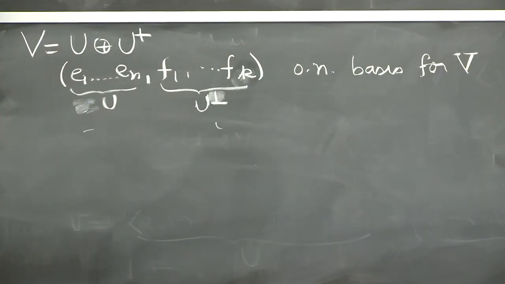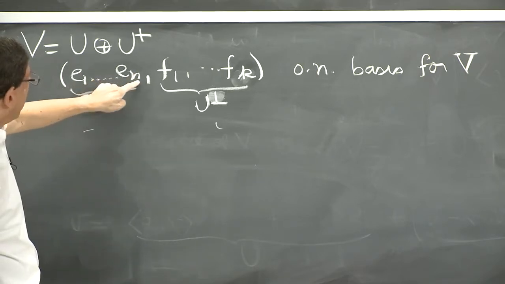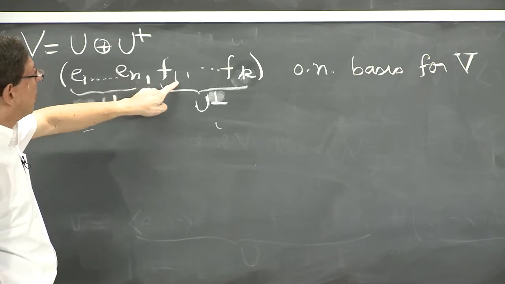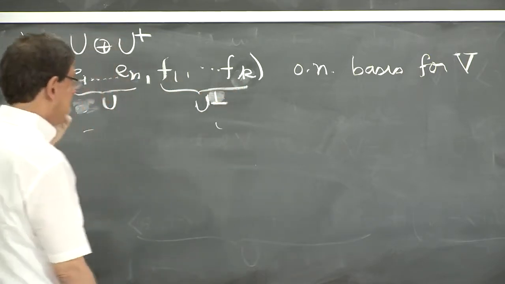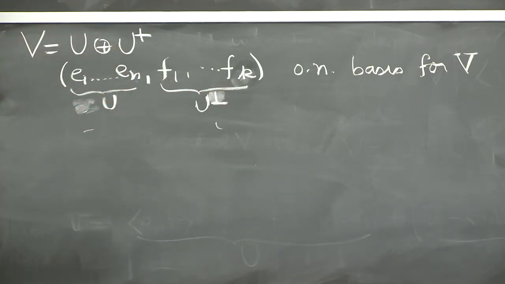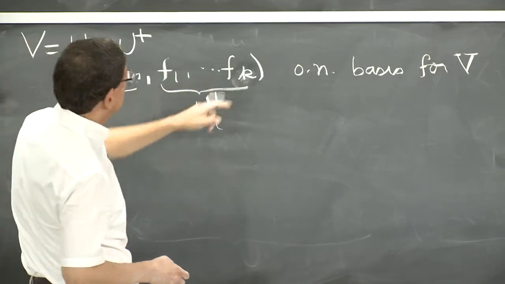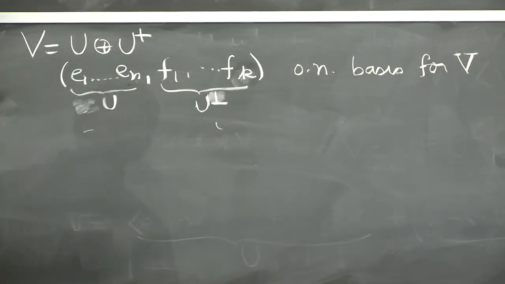And you can ask the question, if we have chosen these as basis vectors, the first basis vector, the second basis vector, the nth, the n plus 1, up to the n plus k basis vectors, I should be able to represent this as an n plus k times n plus k square matrix.